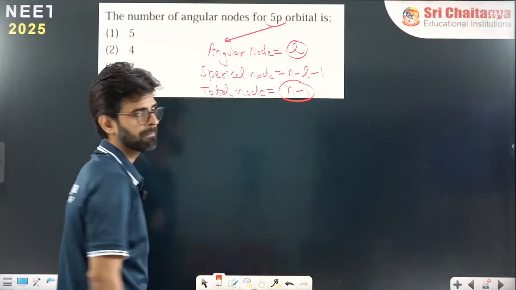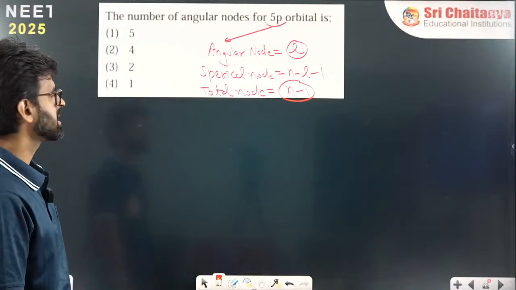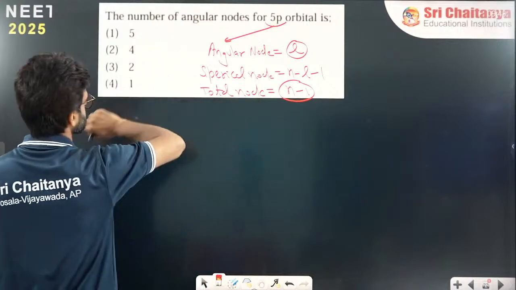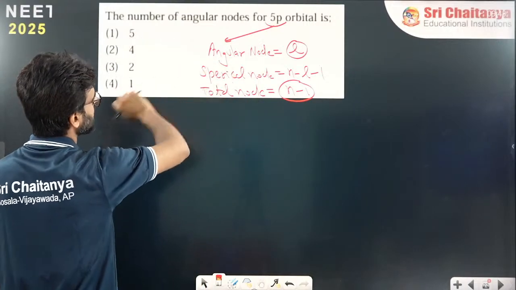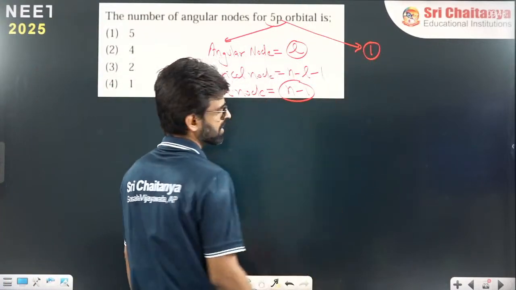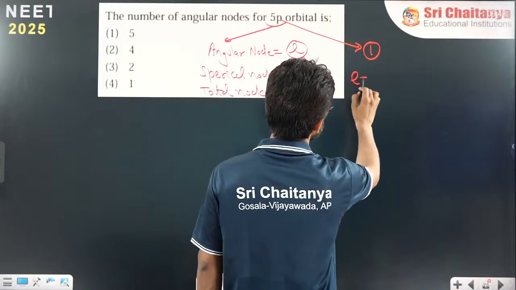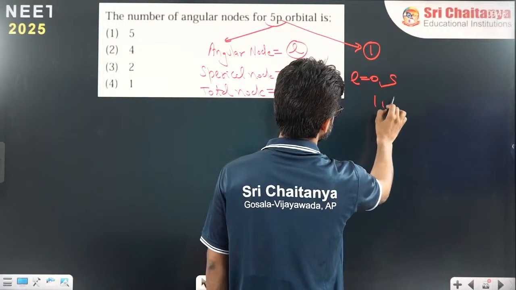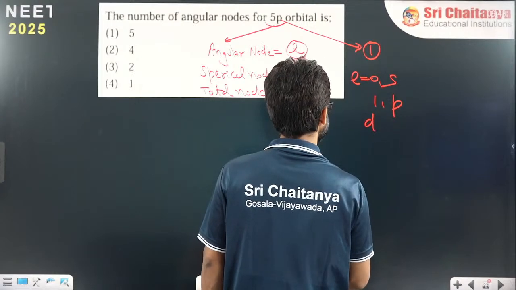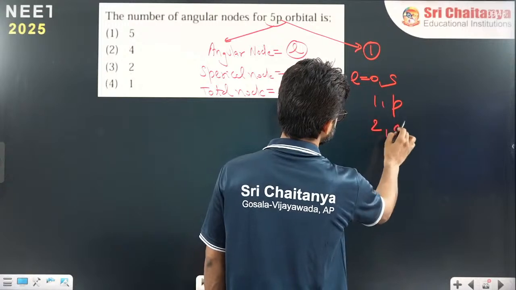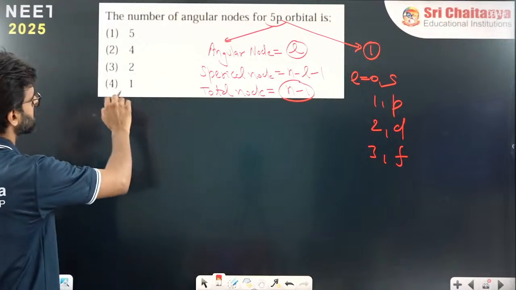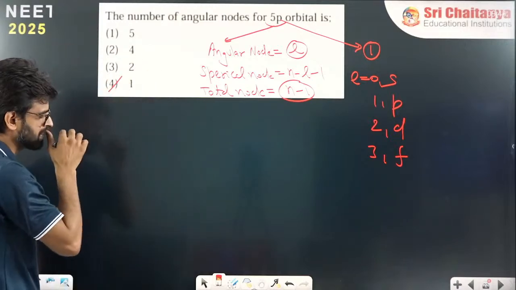N minus 1, right? They are asking in the question for the 5p. For 5p, what is the L value? P has how much L value? 1. Okay, L value is 0 for S, 1 for P, 2 for D subshell and 3 value for F. Definitely from here I can say P they are saying, so how much? 1, right? Good.